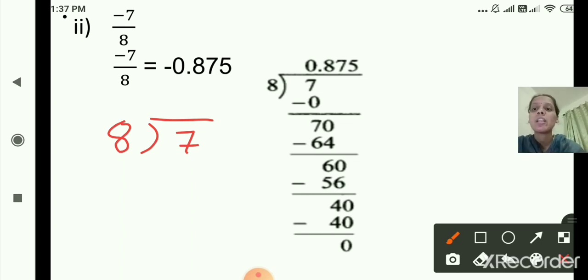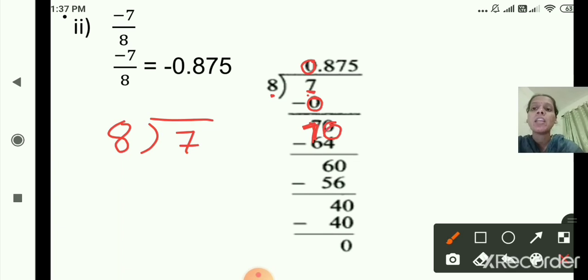We'll start now. Now 7, we can divide this 7 by 8? No. So what will we do as the first step? First step is 0 here. Here also it is 0. So 7 minus 0 is 7. Now after writing this we can write here 10, as 7 we cannot divide by 8.